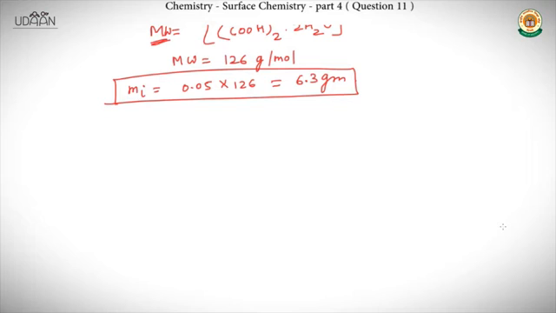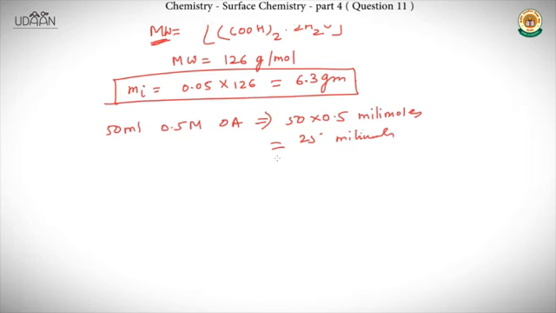Finally, my solution contains 50 ml of 0.5 molar oxalic acid, which means 50 into 0.5 millimoles, or 25 millimoles. I can write this as 0.025 moles, and to find the final mass of oxalic acid, I'll multiply the number of moles by the molecular weight. So I will get 3.15 grams.